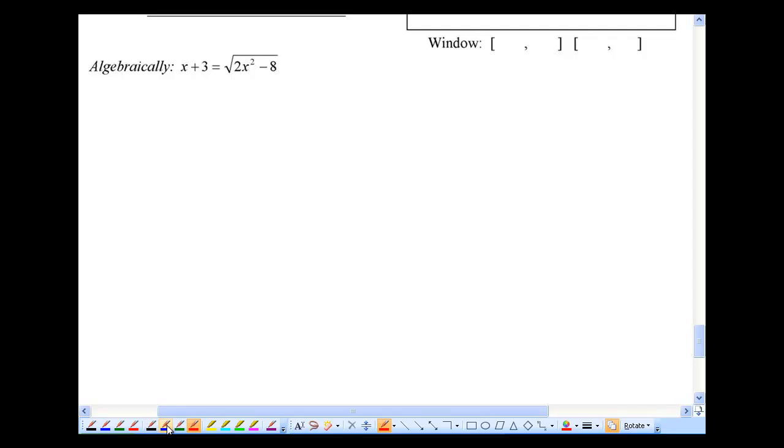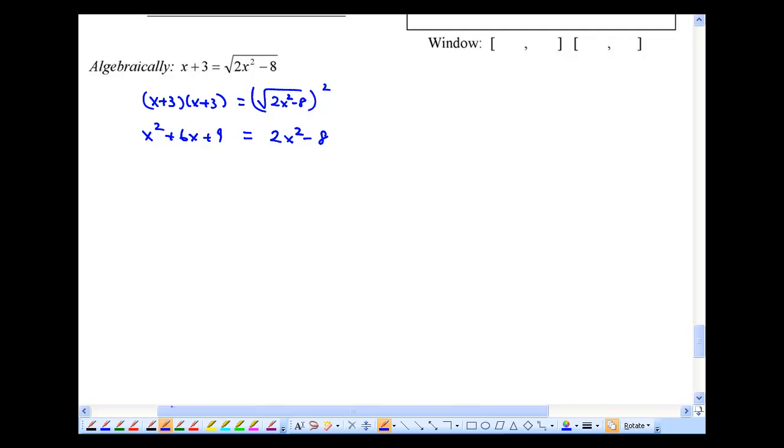Algebraically, all right. Square both sides, shall we? x plus 3 times x plus 3. Square root of that, all squared. Move everything to one side.